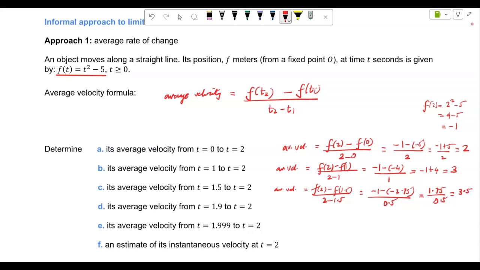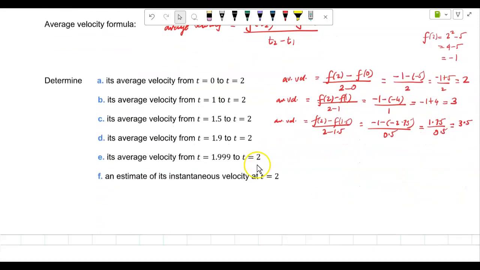Very straightforward, just like a formula. But what we are doing is, we have kept this point fixed at 2, and we are taking the second point closer and closer to 2. So we are taking a limit, and we are seeing what this answer is approaching.